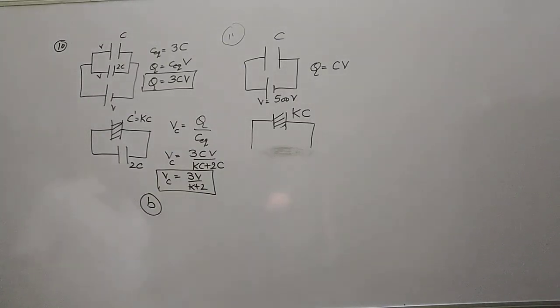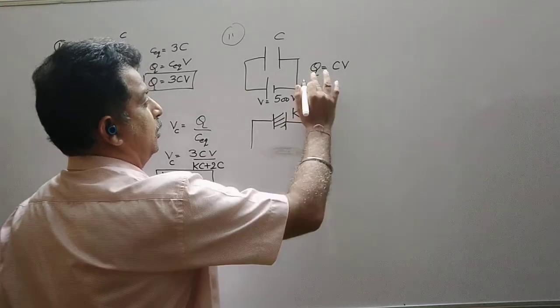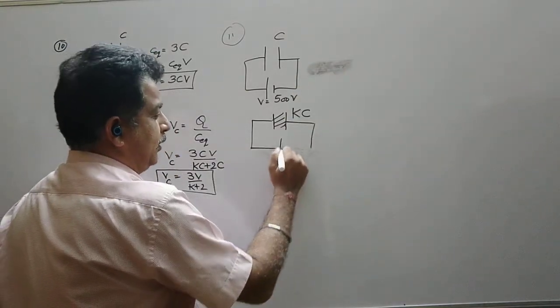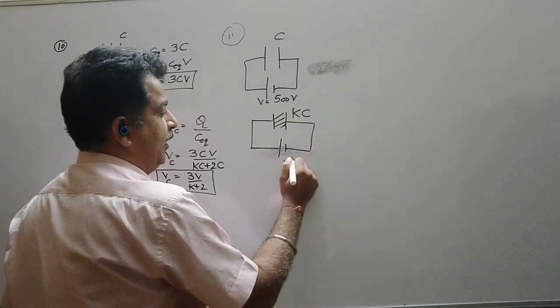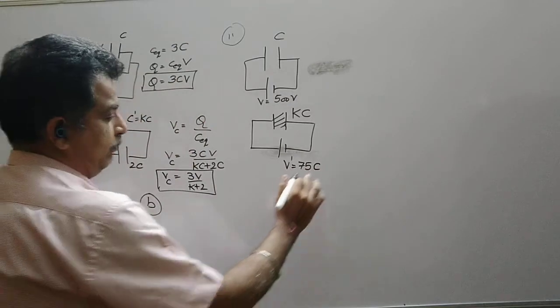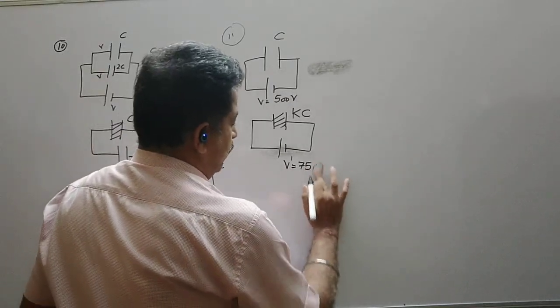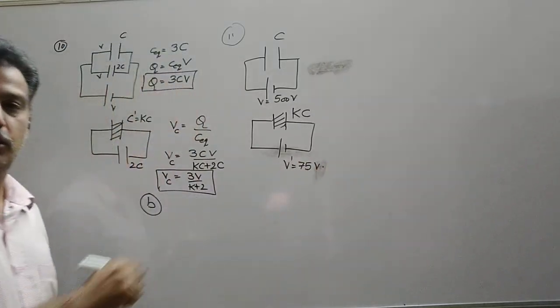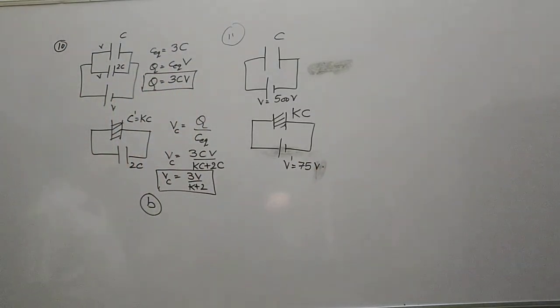Okay, now it is connected to 75 volt. So this will not be a concept of total charge. Now it is connected to new V, say V dash, that is equal to 75 volt. So this is the new battery. So now it is not insulated, sorry. The total charge will not remain the same.